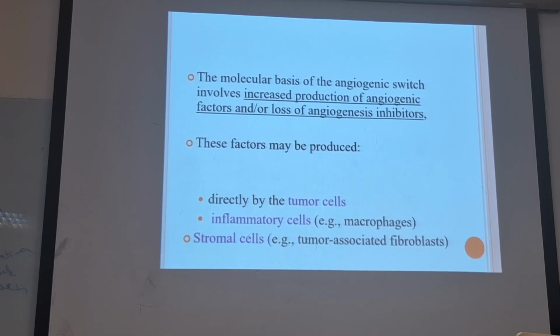Finally, we have many vessels and many connections of blood vessels at the site of the tumor. These factors are produced by tumoral cells, by inflammatory cells in the background of the tumor, and by stromal cells or tumor-associated fibroblasts.